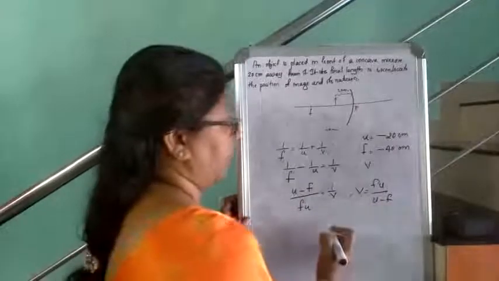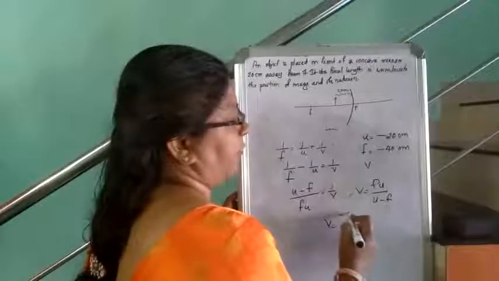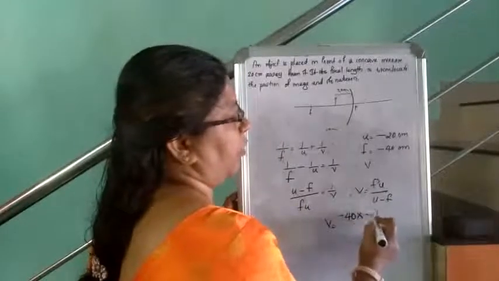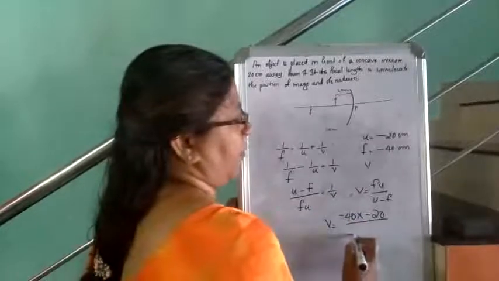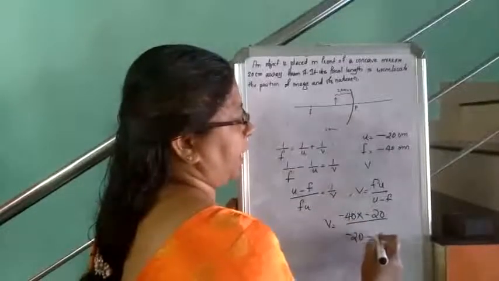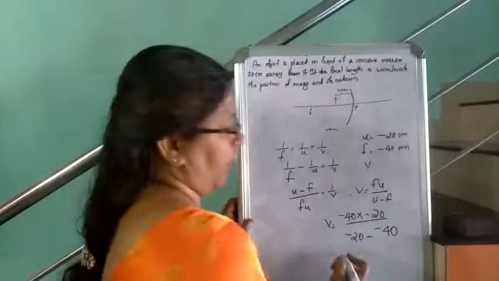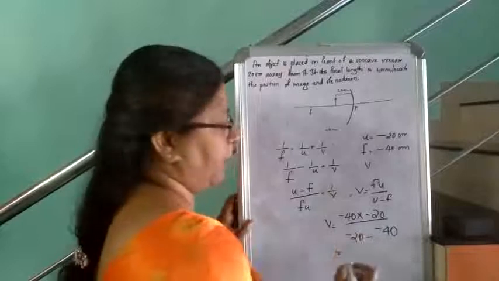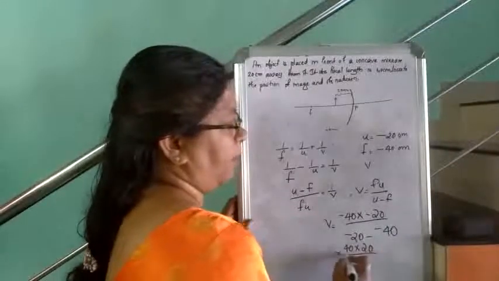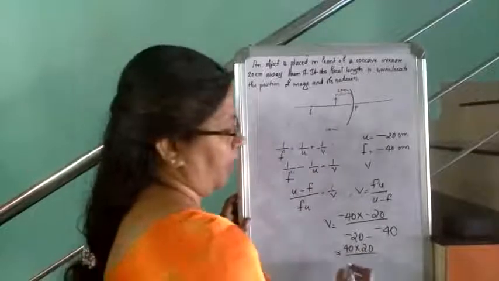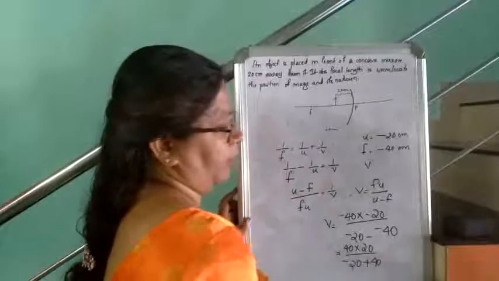Then you can substitute here. V is equal to FU, that means minus 40 into minus 20 divided by minus 20 minus 40. Then minus into minus is plus. So 40 into 20 by minus 20 plus 40.